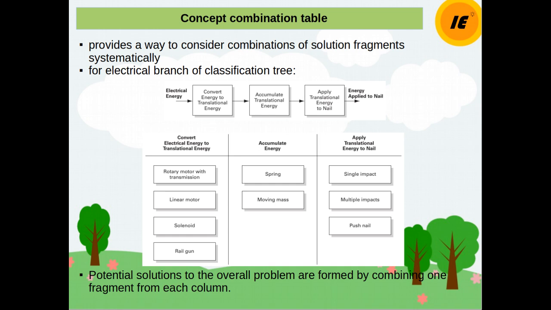The entries in each column correspond to the solution fragments for each of these subproblems, derived from the external and internal search. For example, the subproblem of converting electrical energy to translational energy is the heading for the first column. The entries in this column are a rotary motor with a transmission, a linear motor, a solenoid, and a rail gun. So these are technical details, but I think you get the idea.